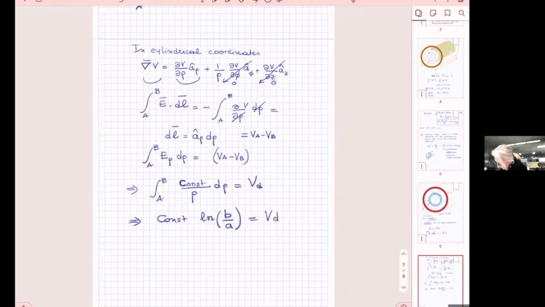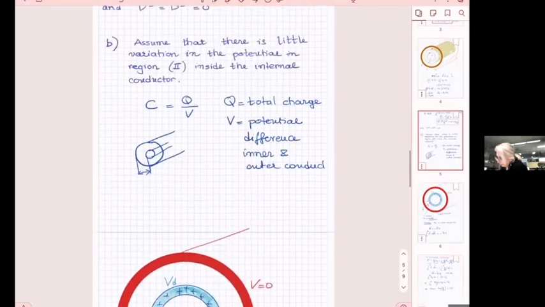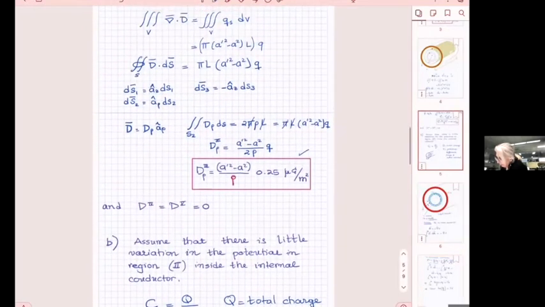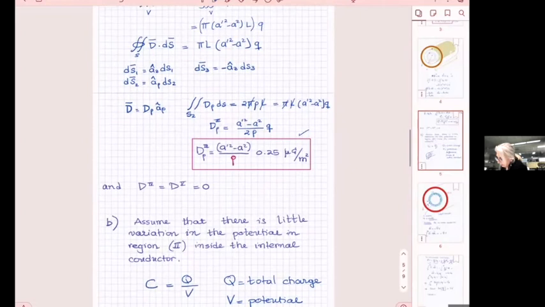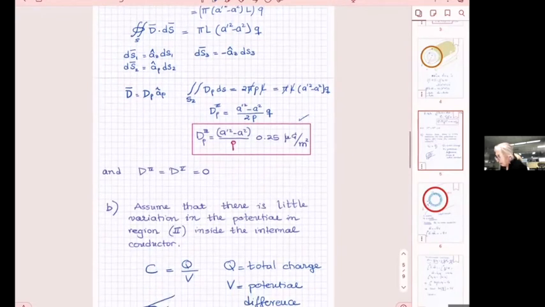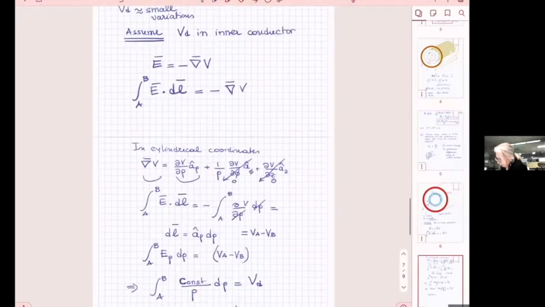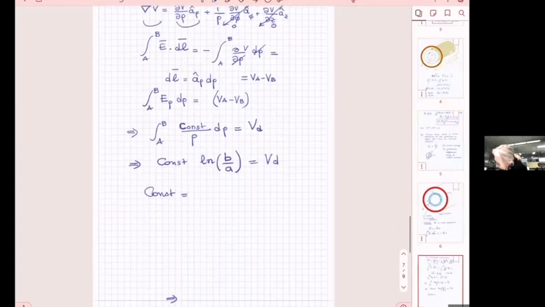And the constant is nothing else but this one divided by epsilon naught, also because D equals epsilon naught E. And so we are going to have A prime square minus A square over epsilon naught.